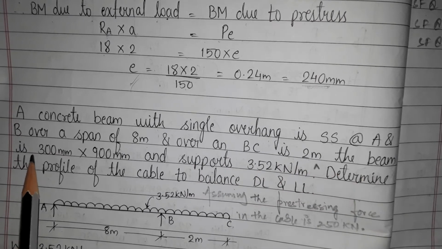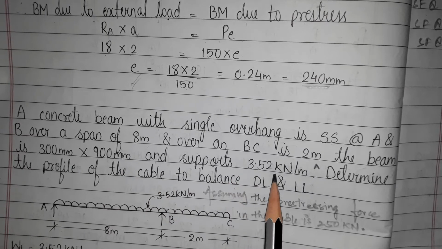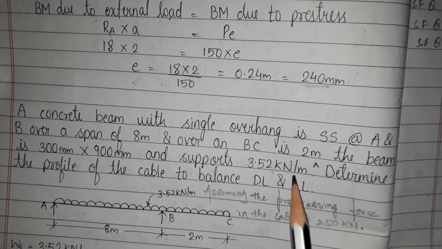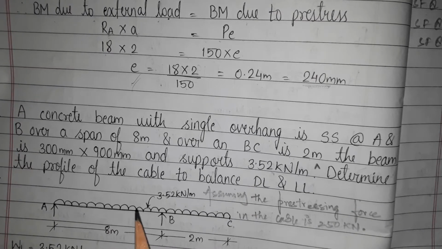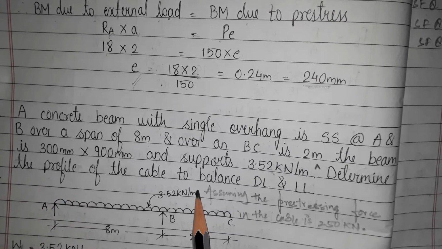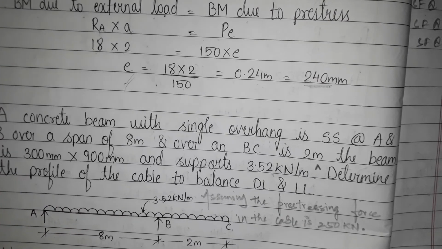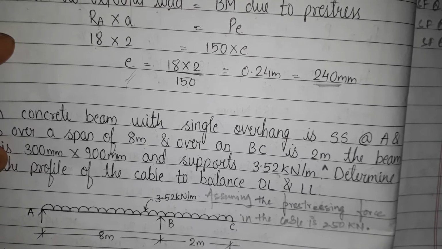The beam is 300 mm by 900 mm and supports a live load of 3.52 kilonewton per meter. Determine the cable profile to balance dead load and live load. Understood?